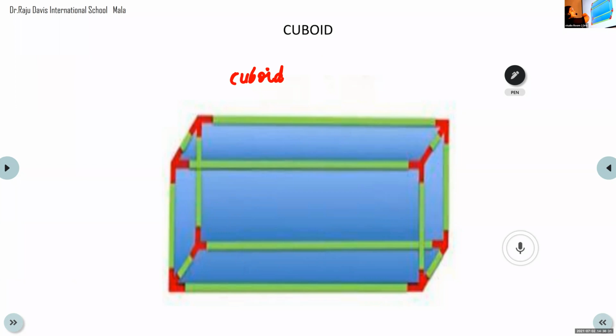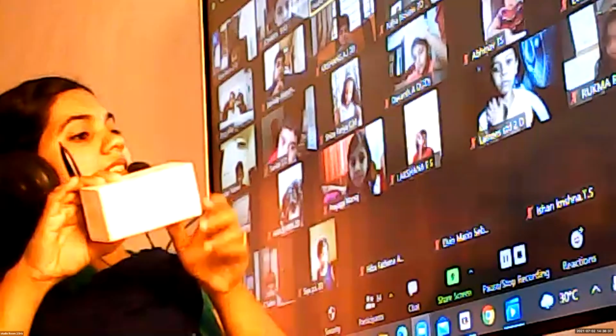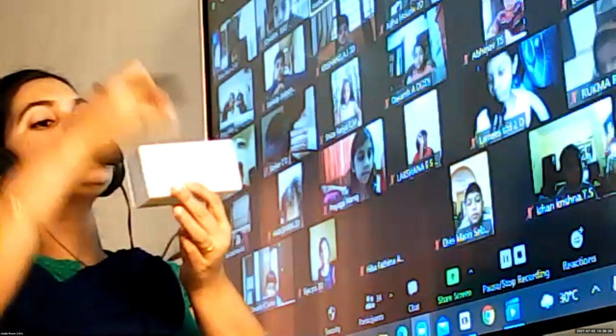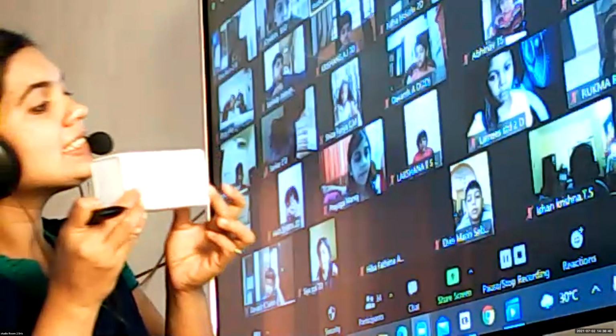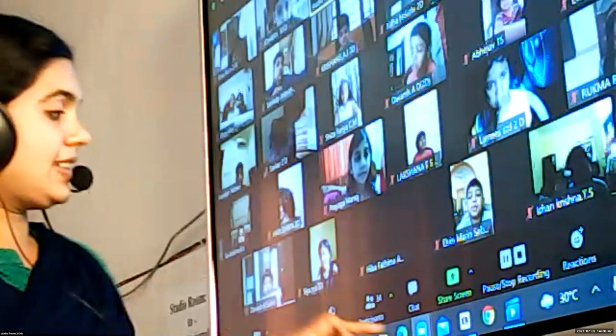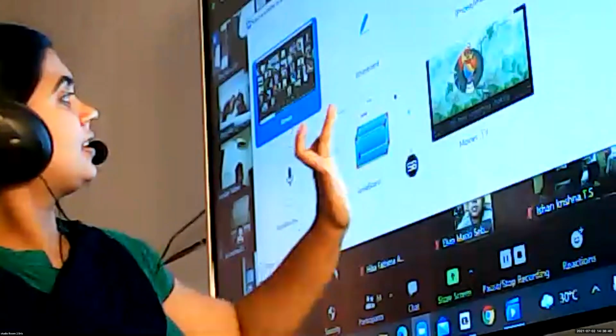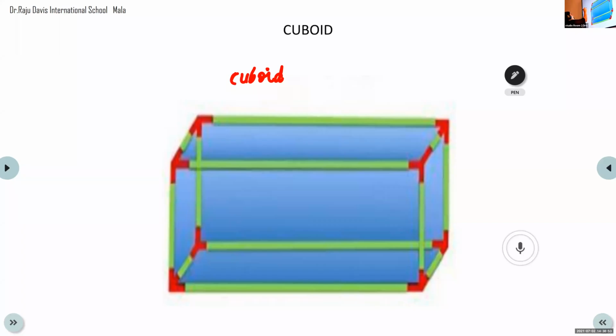Yes. You can see 6 rectangles. 1, 2, 3, 4, 5, 6. How many faces? 6 faces. Okay. So faces 6.